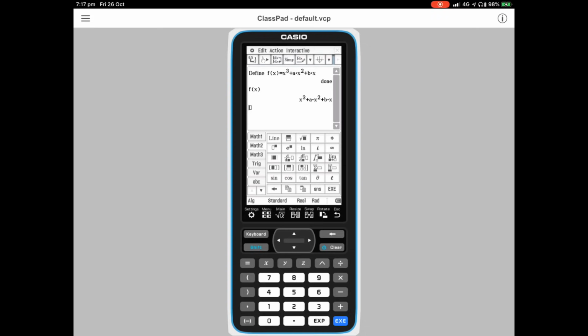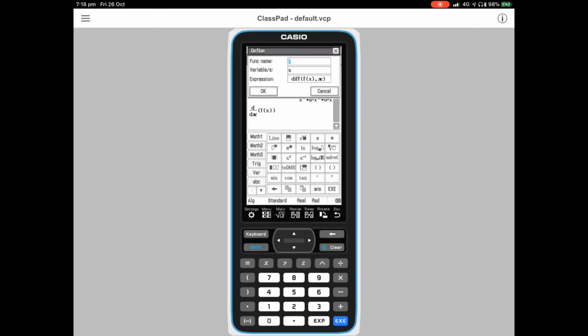Okay, so we want to solve a simultaneous equation. Actually, what's easiest is to go d dx of f of x. So that's my derivative. Define that as g of x.